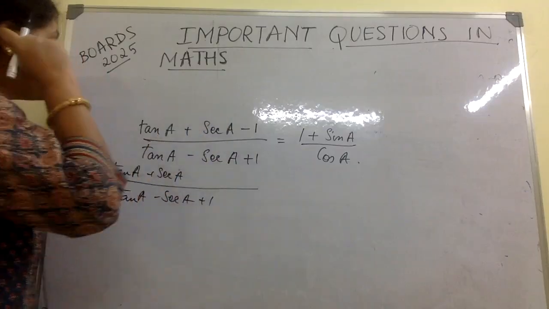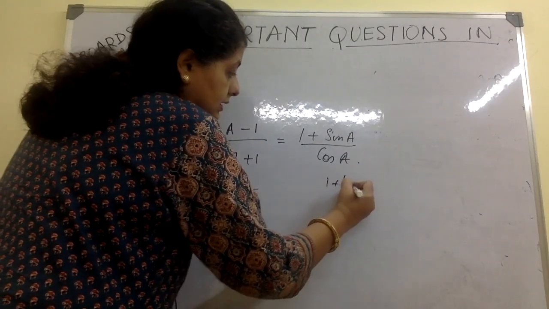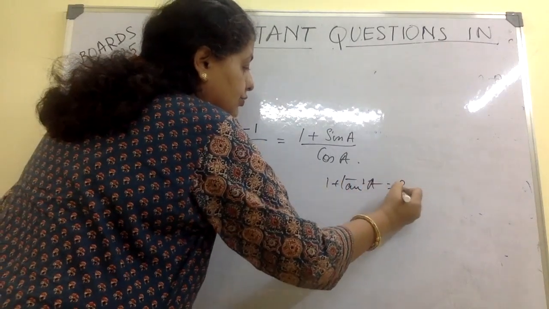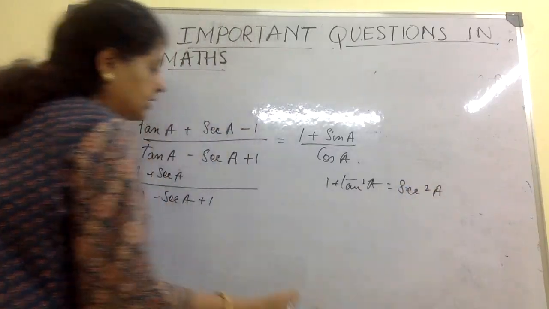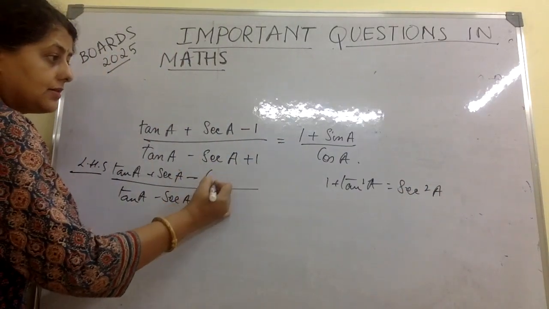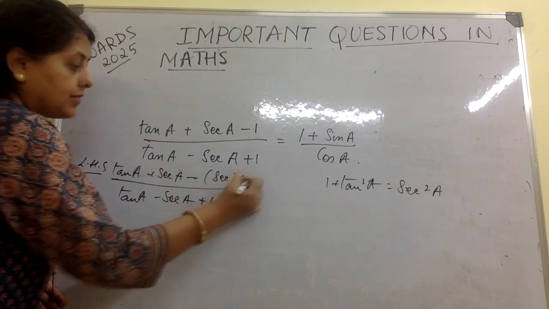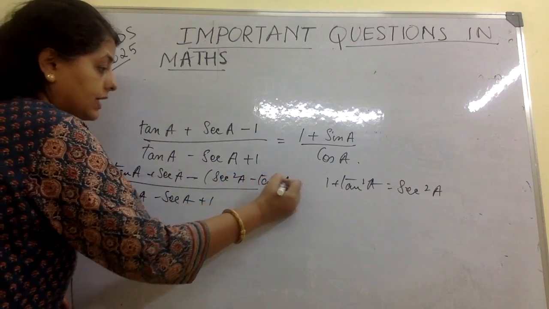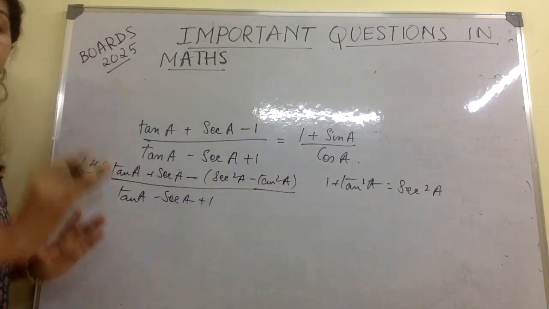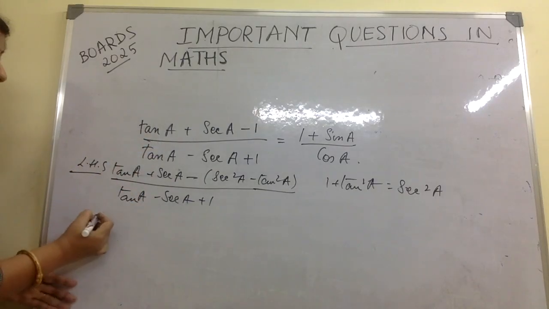In the numerator, minus 1. We know the identity 1 plus tan square A is equal to sec square A. Therefore, 1 is equal to sec square A minus tan square A. The bracket is absolutely essential, don't miss it.